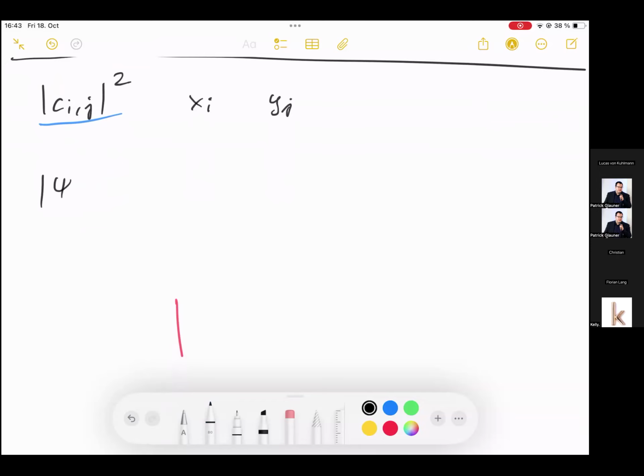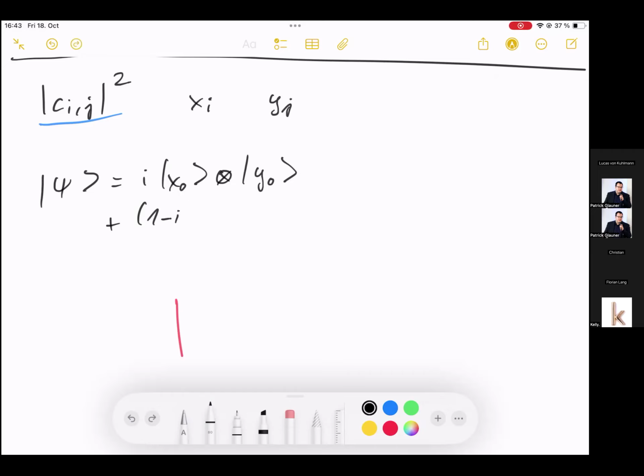So we have our psi cat, and psi cat is now from a 2 times 2 system. It's i times x0 cat, the tensor product with y0 cat. And then we have 1 minus i.